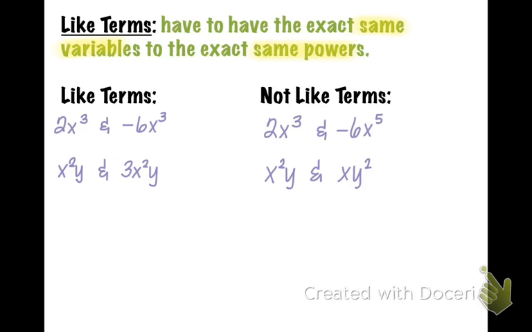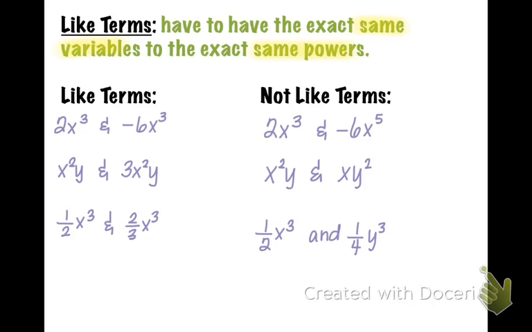The other thing you want to watch for is if I have something like 1/2 x to the third and 2/3 x to the third. Again, they're both x to the thirds. But what people will do sometimes is they have something like 1/2 x to the third and 1/4 y to the third.